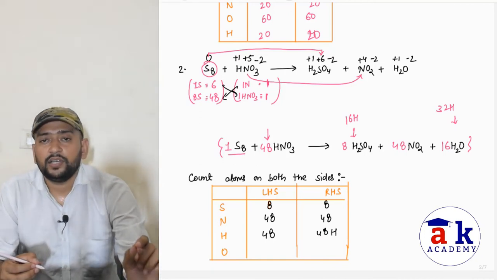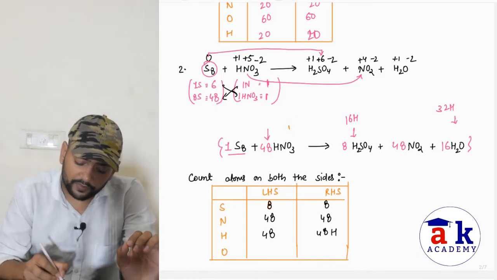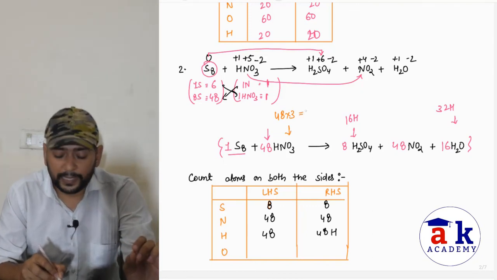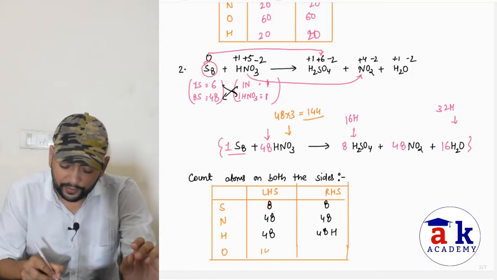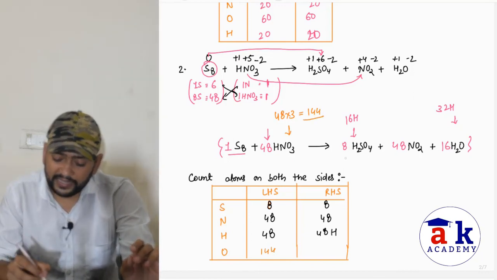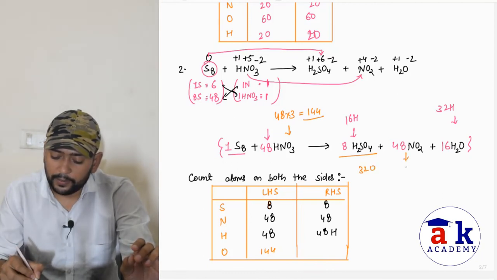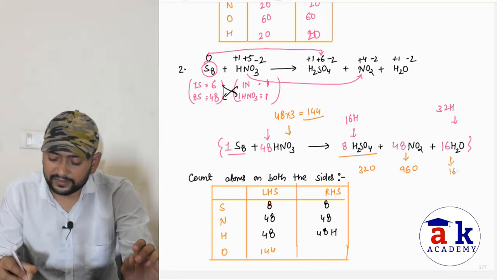And for oxygen what is going to happen? For oxygen, here we have 48 multiplied by 3 oxygen. So this will become 144. So here we have 144, and on the right hand side we have 32 oxygen plus 96 oxygen plus 16 oxygen.